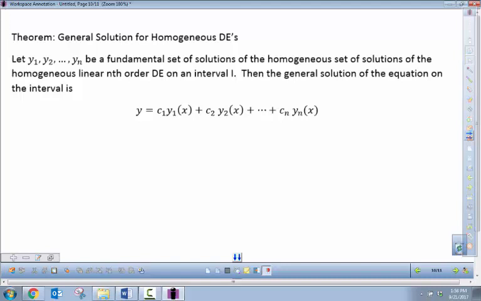So when you have an nth order differential equation, you're going to have an n parameter family of solutions, and you have n different solutions. It turns out that the linear combination of them, by linear combination, I just mean a constant times the first function, plus a constant times the second function, plus a constant times the third function, etc., will form your general solution for the differential equation.